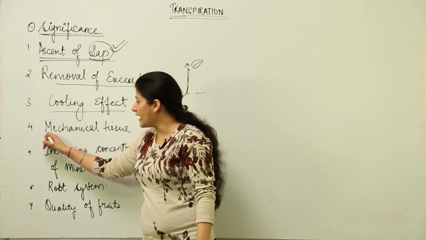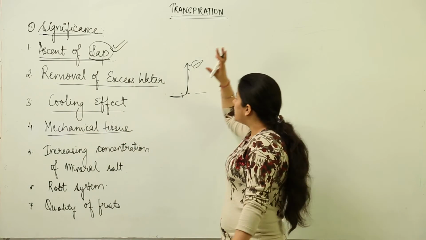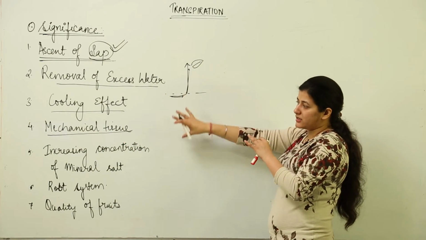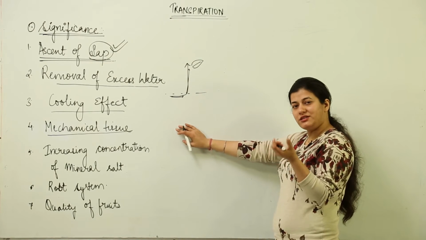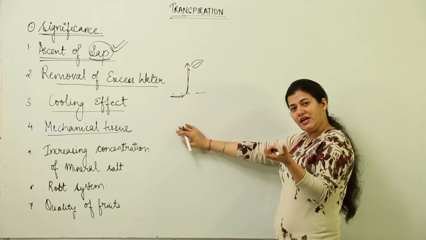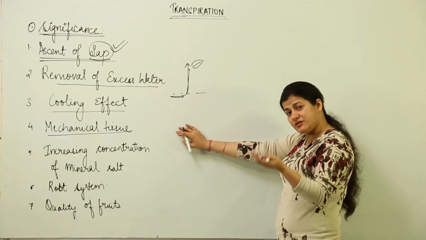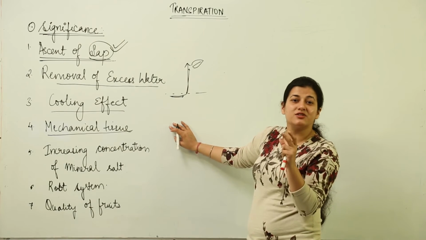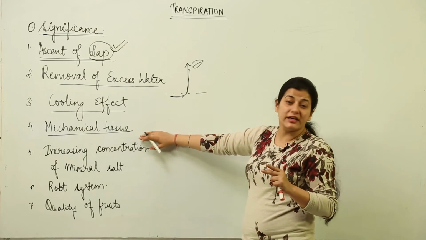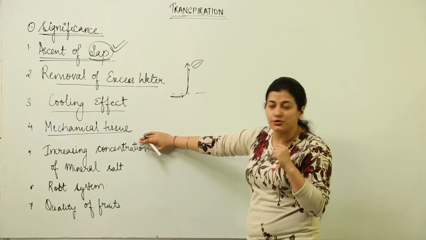Then we have mechanical tissue. Transpiration has a great significance when it comes to the growth of mechanical tissue, because ultimately it is the turgidity maintained inside the plants, the water content inside the tissues, that is responsible for development of mechanical tissues which provide strength to the plant.